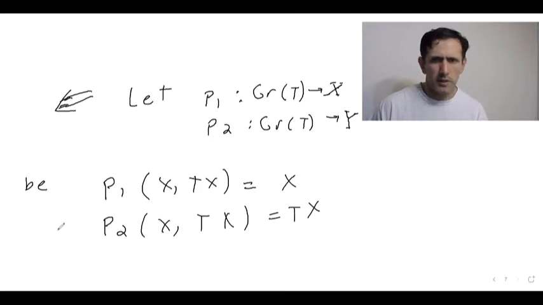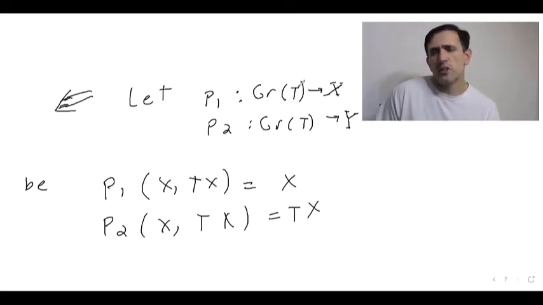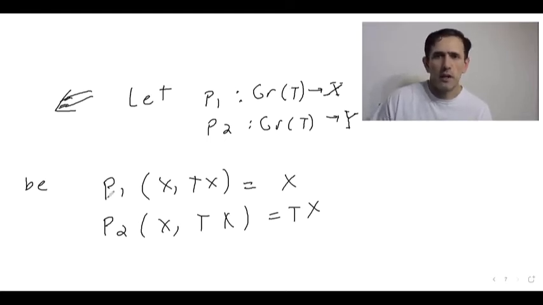So both of these are pretty trivially bounded. I should say we give the graph of t the norm. Well, it's just the subspace, so it's the same norm as the norm of x times y, the Cartesian product. So yeah, we can pretty trivially prove that P1 and P2 are bounded.